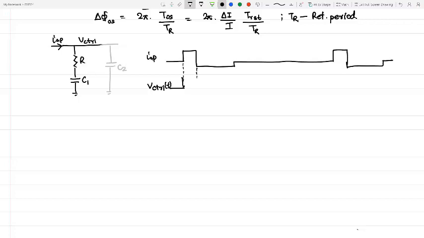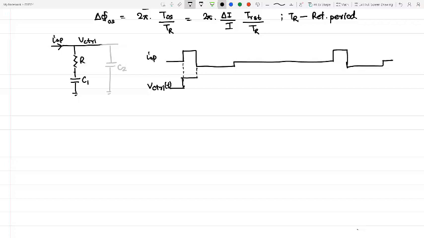It should increase. There is no change in the capacitor voltage in the beginning, right? The node will basically rise from zero, and there will be a jump from the ICP times R.